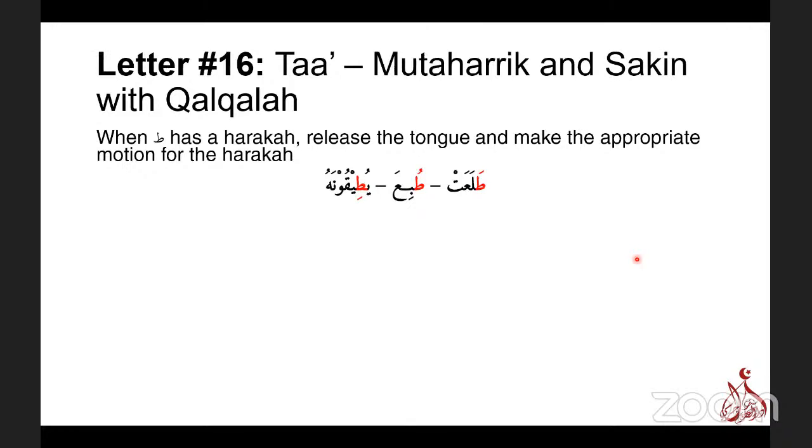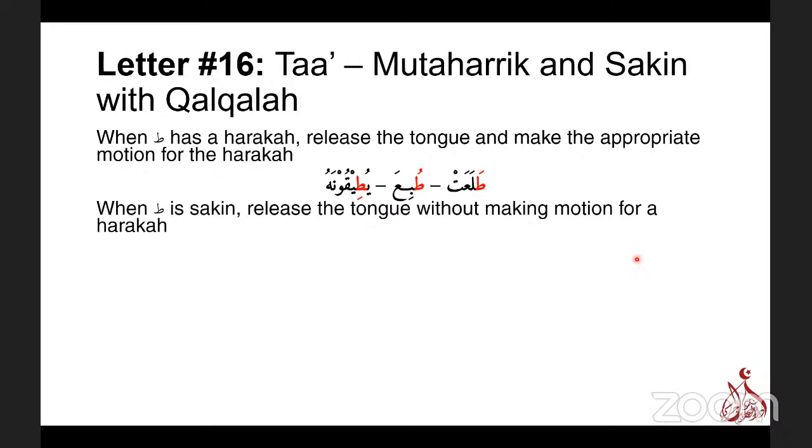With the dhamma, tubi'a. The same thing: the tongue is on the front teeth, then you release it and make the sound. And with the kasra, yutiquna. So we have Ta, Tu, and Ti.